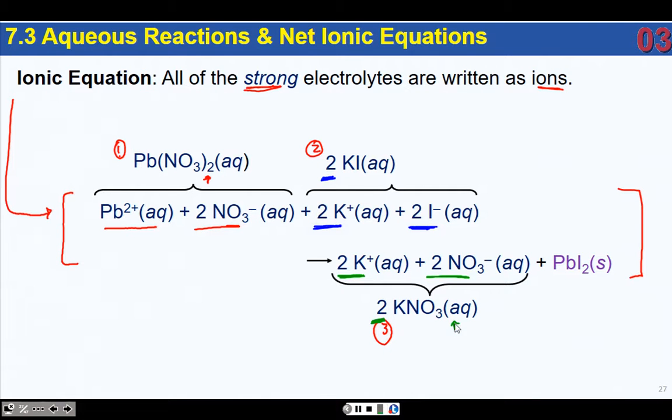Then the lead iodide at the end is ignored in this ionic equation, or it's unchanged. That's a better way of saying it. It's unchanged. You don't do anything with it because it is a solid. Leave it the way we saw it in the molecular equation. So that's the second type of way of writing an equation.